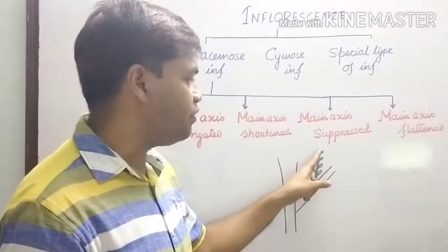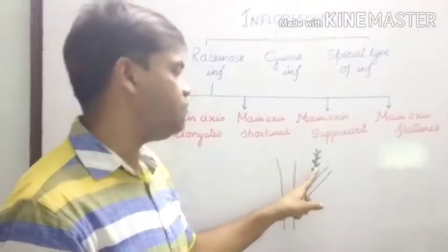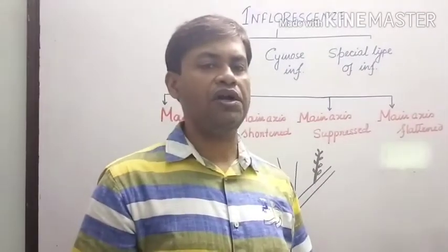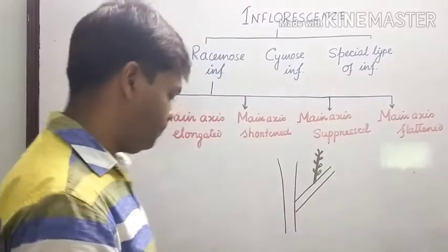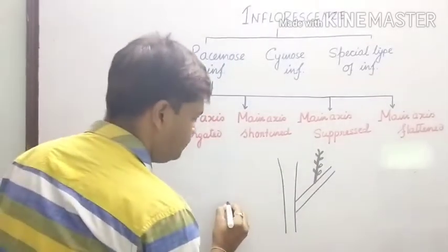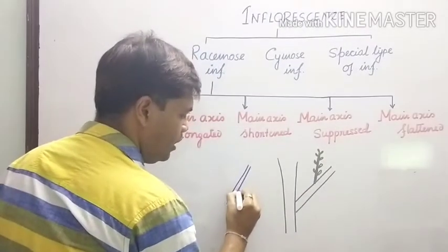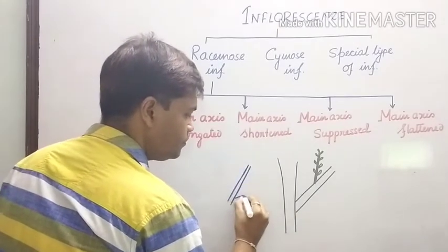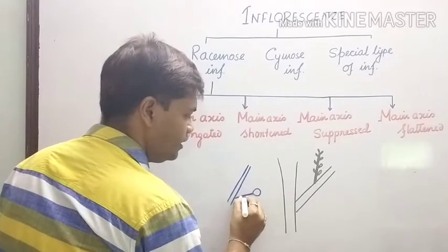The main axis of the inflorescence, together with the flowers, is called the peduncle, or it is called the rachis. Now imagine this is the peduncle, the main axis, and this is the flower.